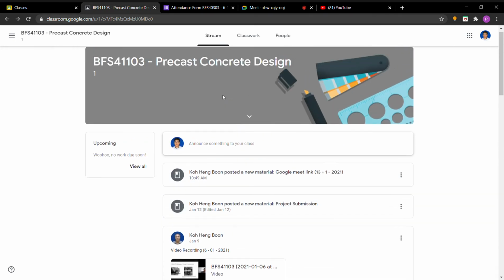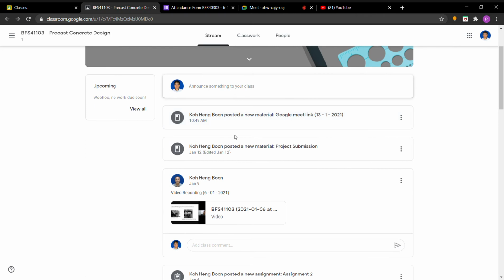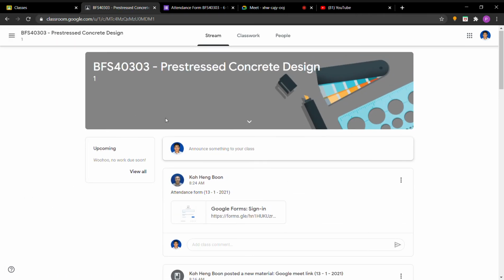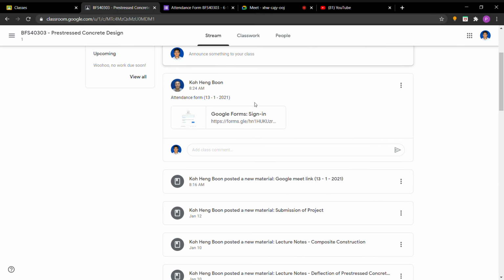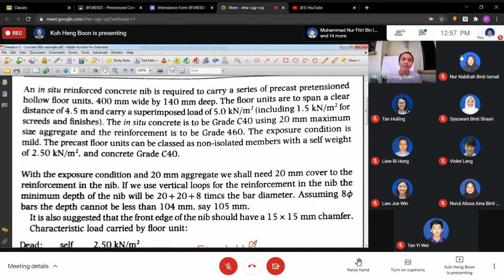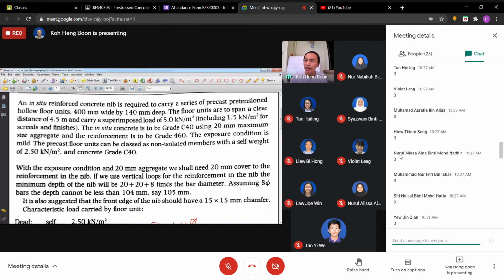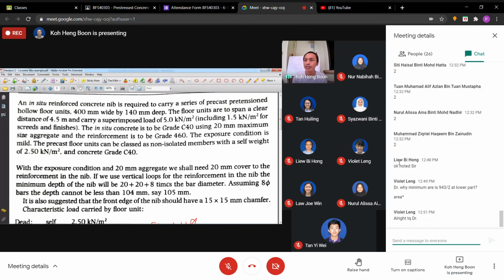An in situ reinforced concrete nib is required to carry a series of precast pre-tensioned hollow core units. It's continuous. You can imagine it means something like this.